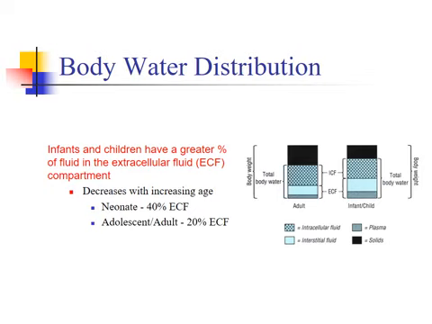And you can see that listed in the slide over on the right-hand side, showing the greater percentage of extracellular fluid in infants and young children. And again, this decreases with age. So neonates have about 40% extracellular fluid, and then adolescents and adults have about 20% extracellular fluid.